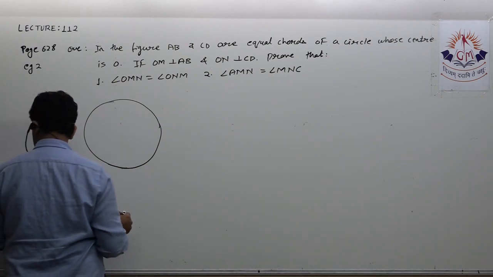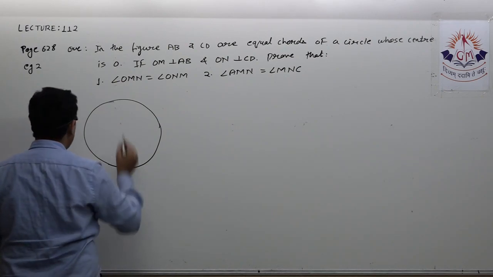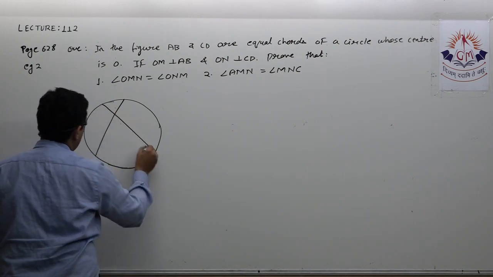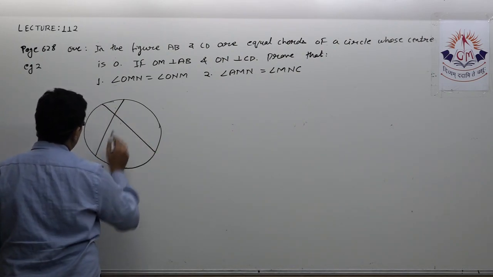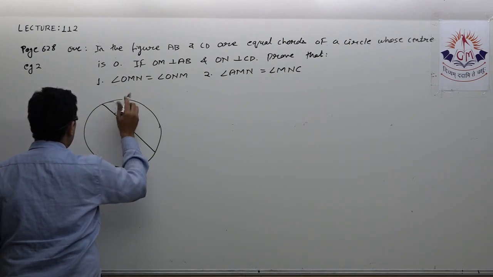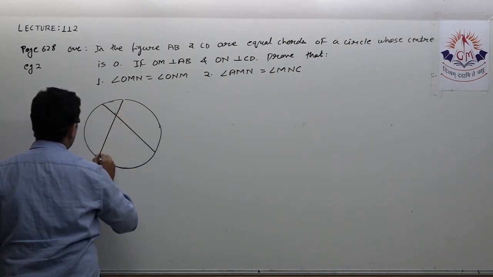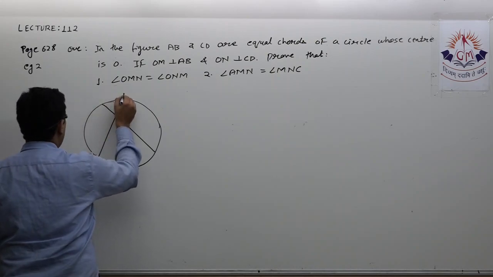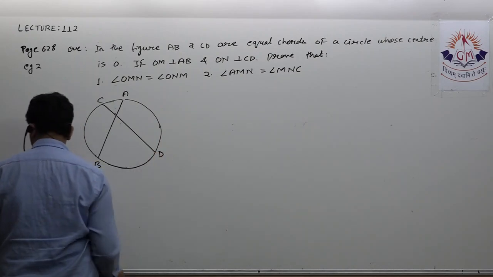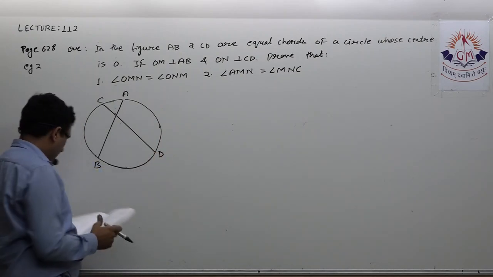Now here it is given AB and CD are two equal chords. This is AB and this is CD. They are equal in length. They are not looking equal, so let me draw it again. Yes, AB and CD are two chords which are equal in length.